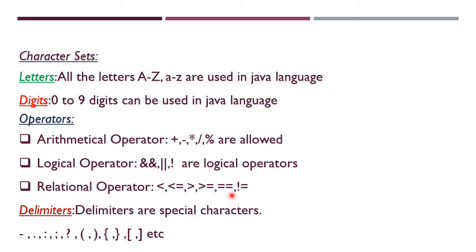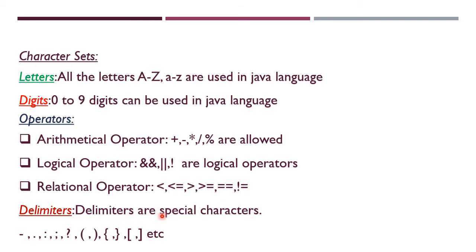The equal to symbol is represented by two equal signs, and it is used to check equality. And not equal to is represented by its own symbol. When you want to use not equal to, you have to use this symbol.